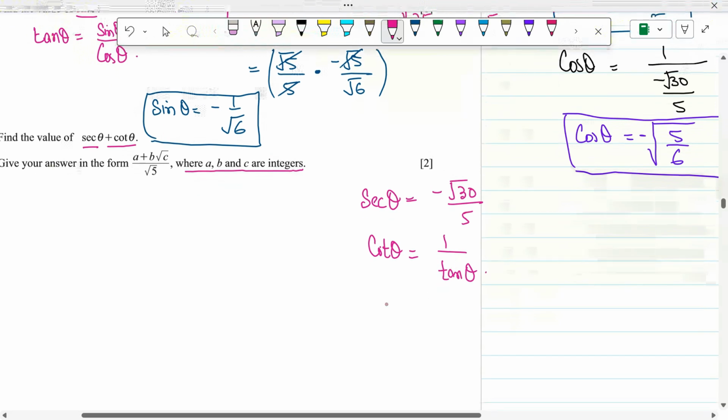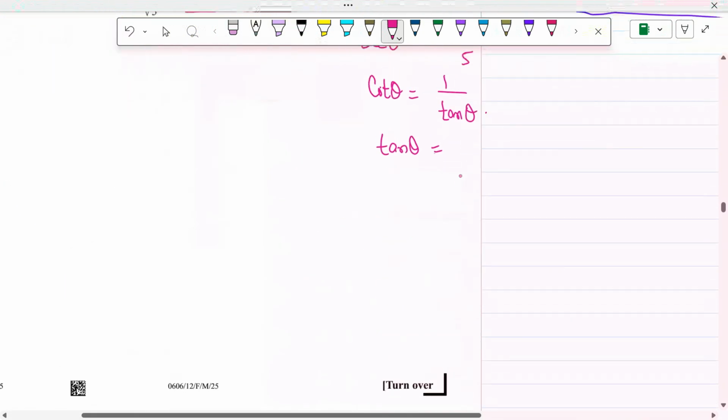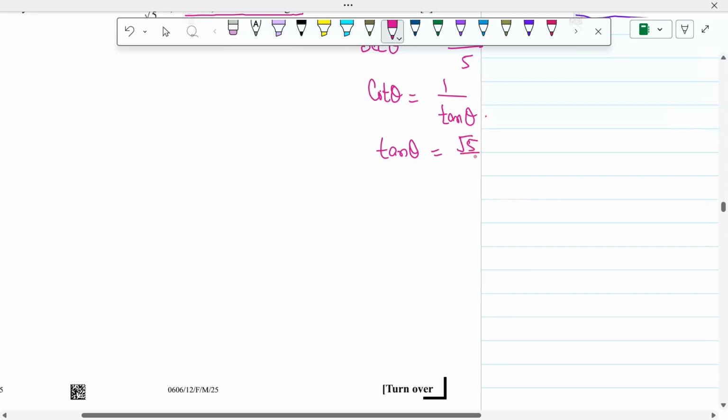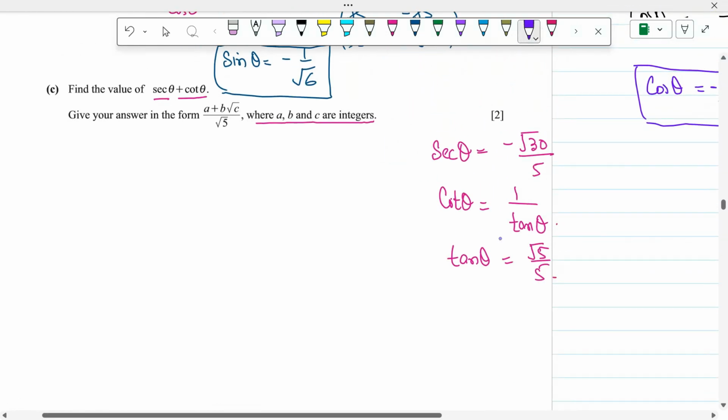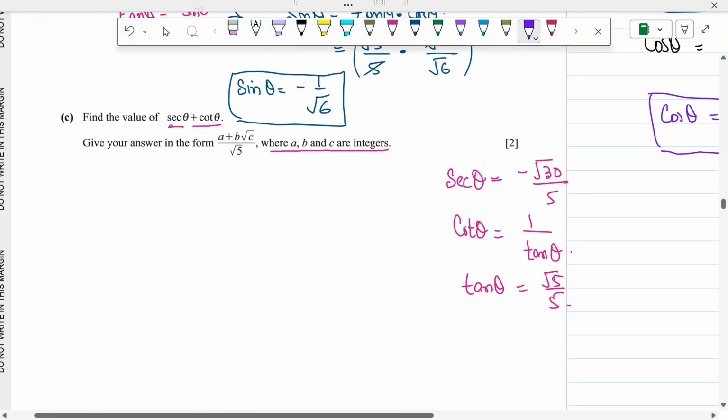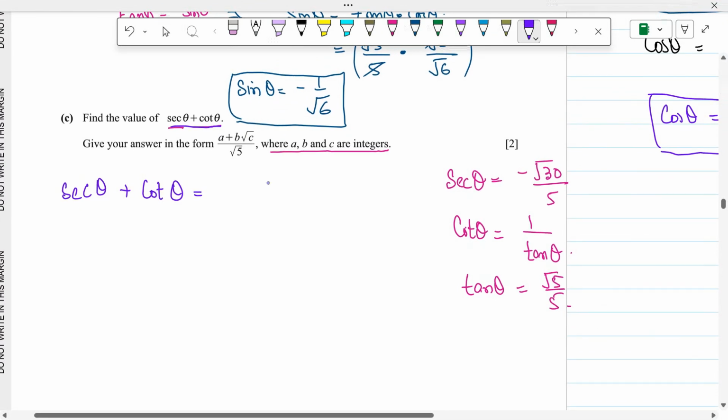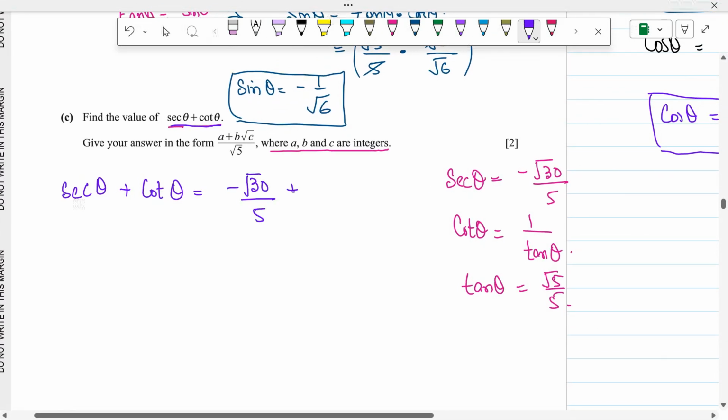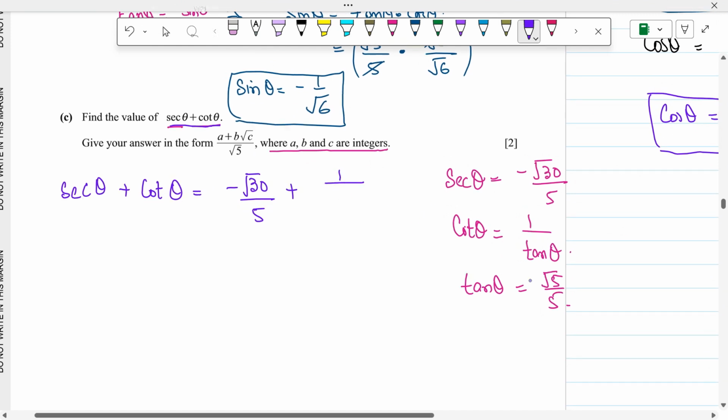And tangent of theta is already known, which is given as root 5 over 5. Now, using these values, we can find the value of secant of theta plus cot of theta. Secant of theta plus cot of theta is equal to secant, which is negative root 30 over 5, plus cot of theta, which is equal to 1 over tangent, and tangent is equal to root 5 over 5.